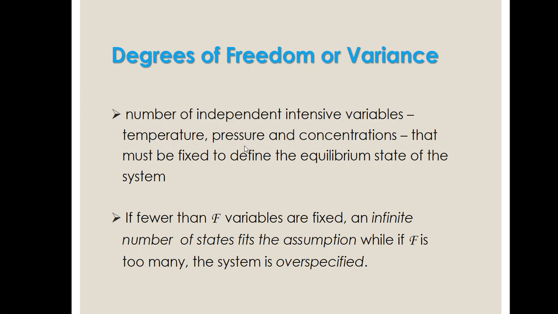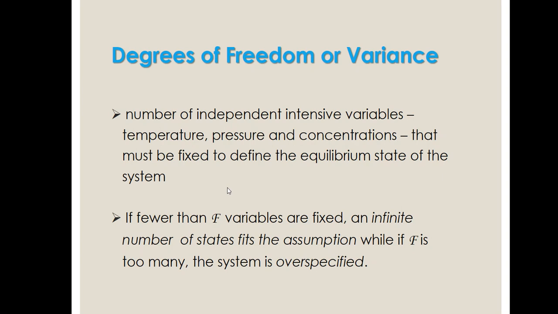That way, I can find whatever the problem is asking from me, as long as the information provided is valid. Because it says it's the number of independent intensive variables that should be set or defined so that we will know what would be the equilibrium state of our system.